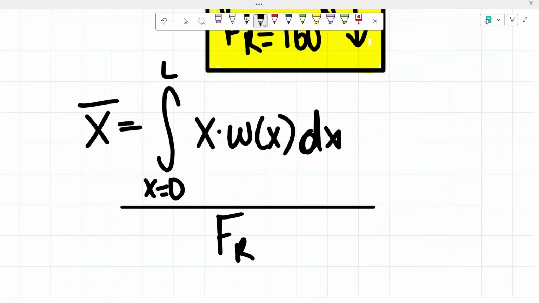This is why you first have to determine the equivalent resultant force, because you're going to need that for the equation of determining the location.